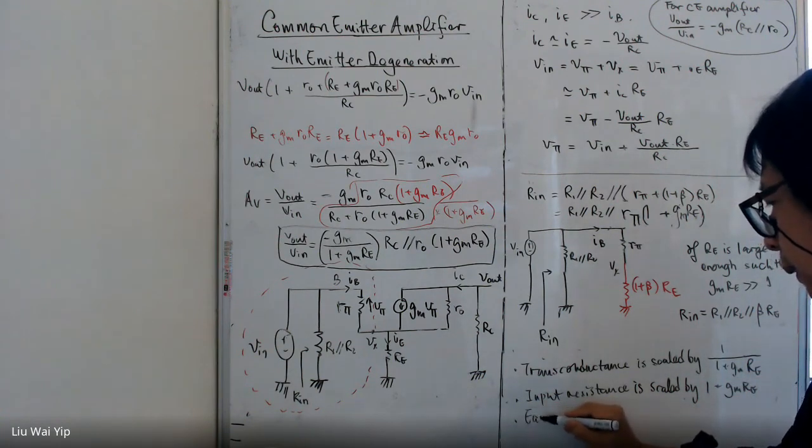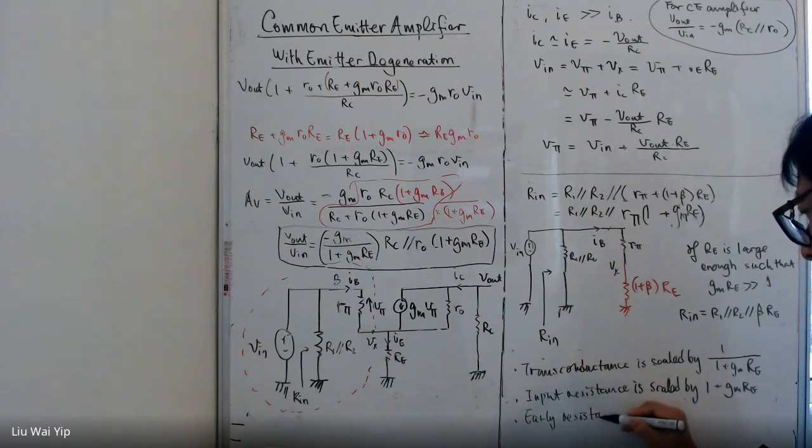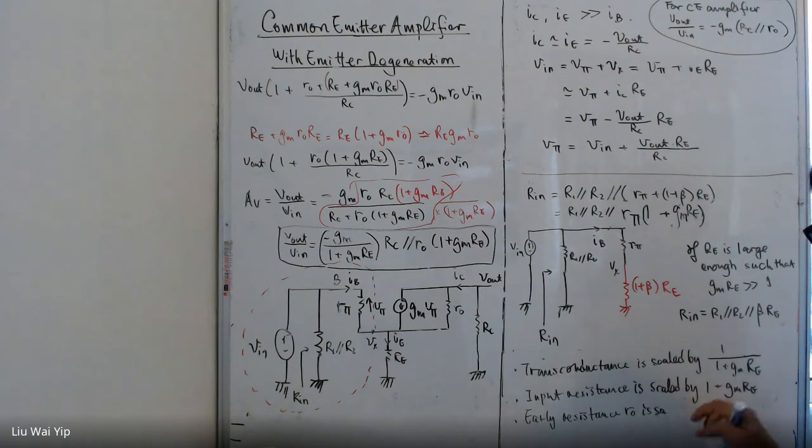Early resistance is scaled up by 1 plus Gm RE.